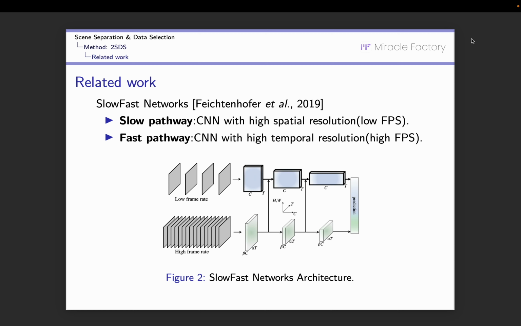By combining the slow pathway with the fast pathway, the SlowFast network gets an architecture which has high spatial resolution and high temporal resolution. This is essentially what we want when we do video stream analysis, so we won't lose any information spatially or temporally.